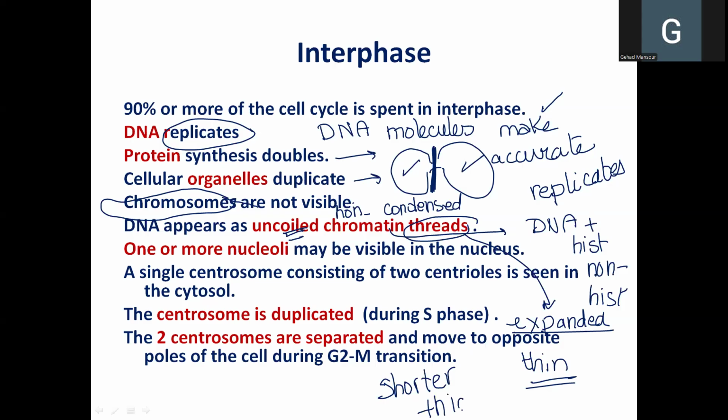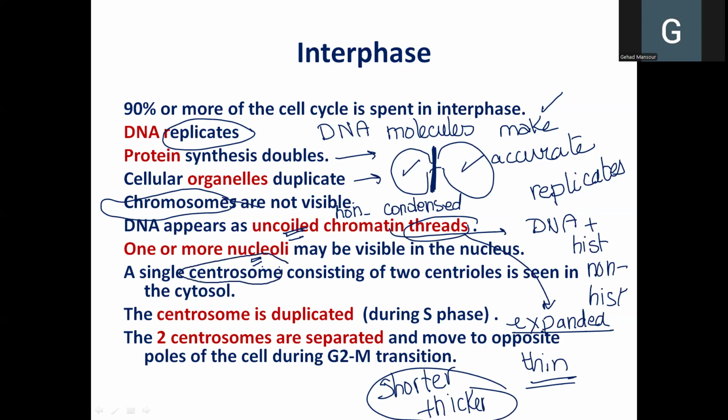So until the process of condensation occurs, they are threads, thin, elongated, expanded, not folded, not yet short and thick. And we can see one or more nucleoli in the nucleus, of course, according to the activity of the nucleus.